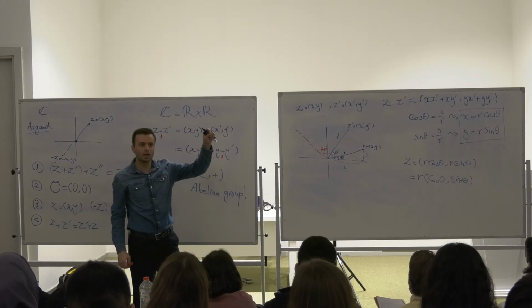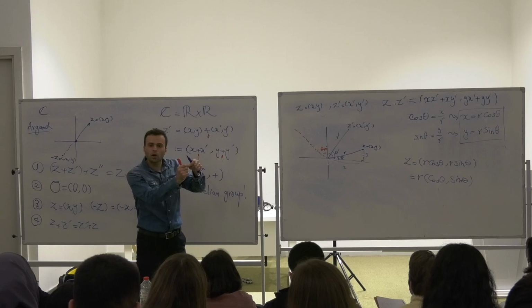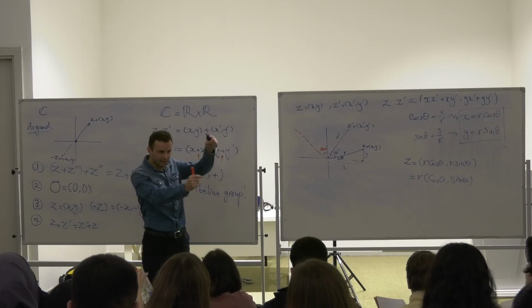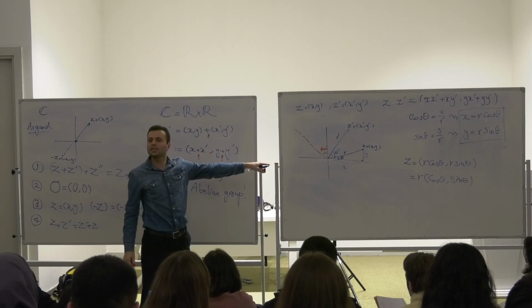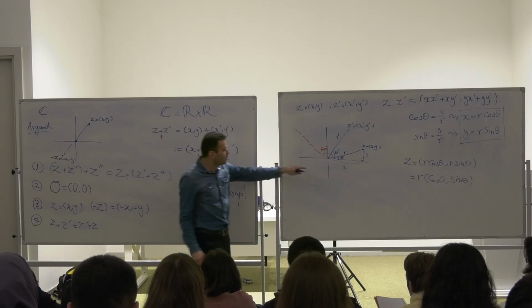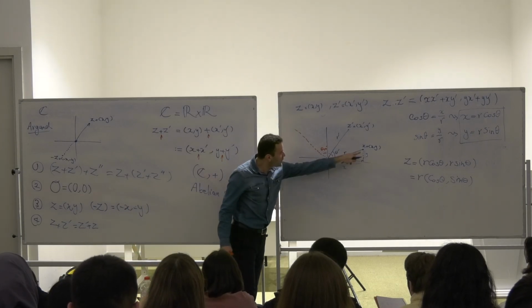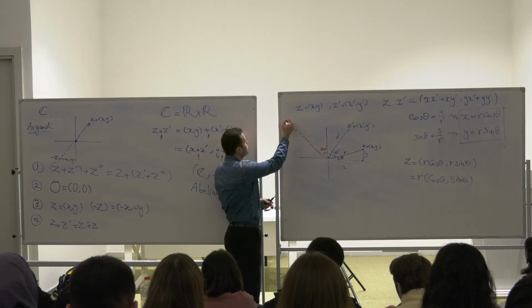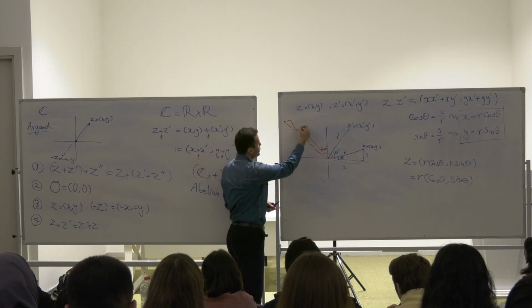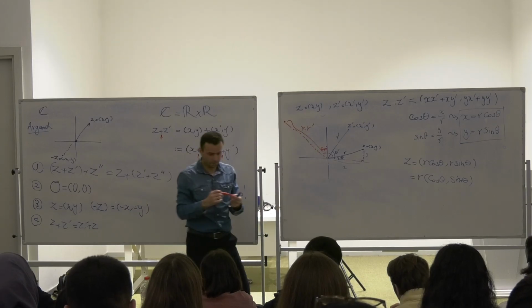On this ray, we are going to take a length away from the origin which is equal to the length of this one multiplied by the length of this one. So maybe it is going to be here, and this length is going to be r prime.